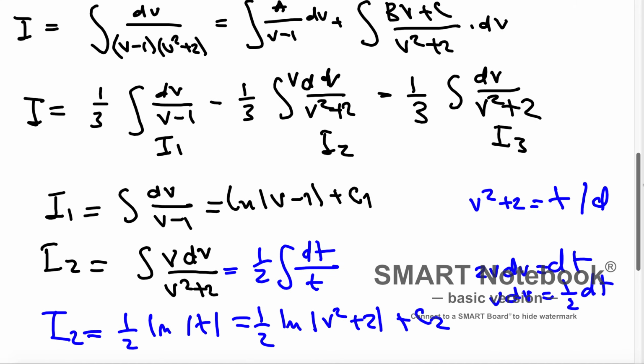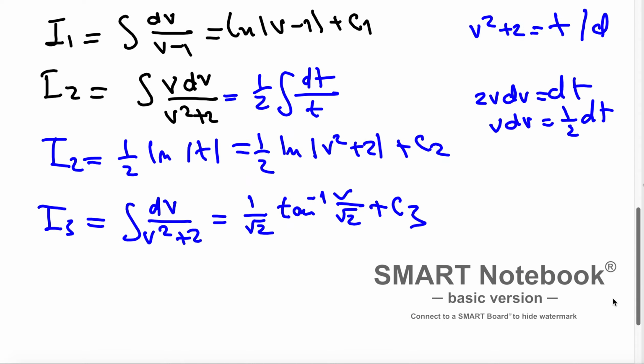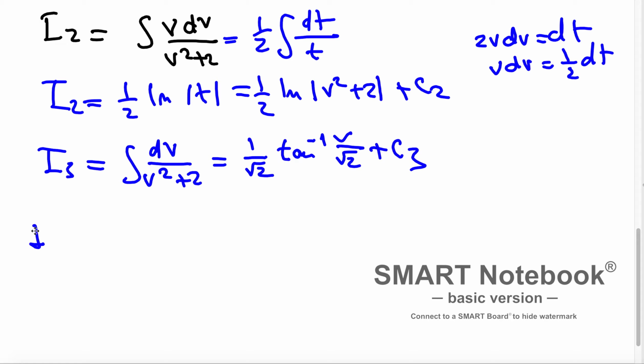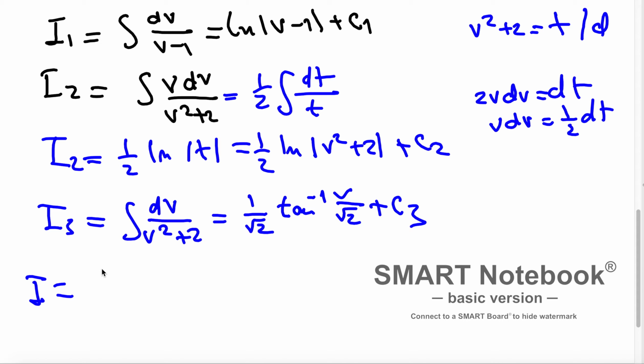And now all these integrals we are plugging into this integral here. But don't forget I. I'm writing I just to simplify a little bit, to make the process go smoothly. I1 here is 1 over 3 ln of v minus 1. And the other one is minus 1 over 3 I2.